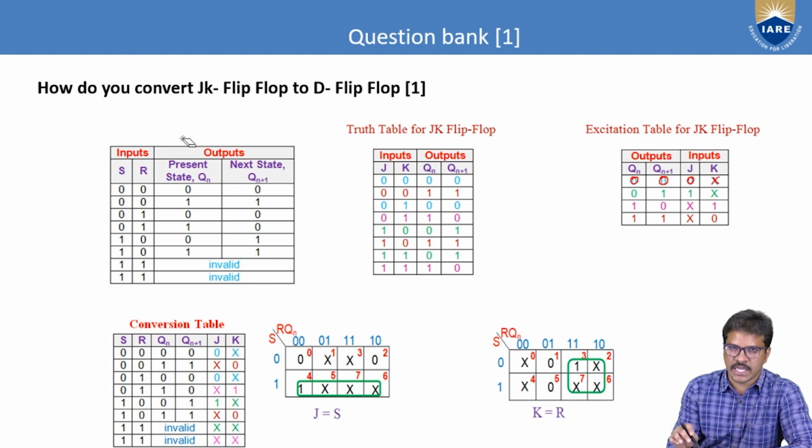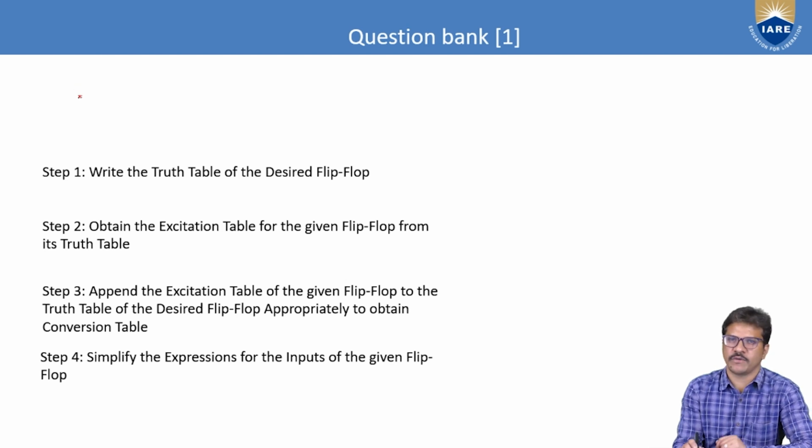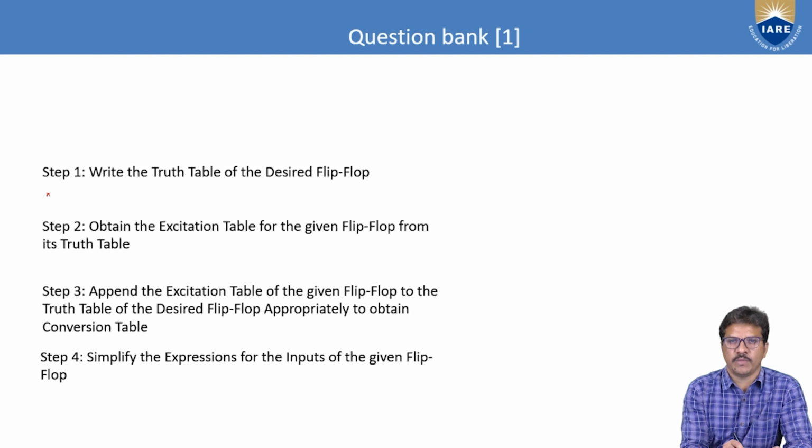You have to follow the same steps. What are those steps? Let us take the steps involved in converting any flip-flop to any flip-flop. So the first step is to write the truth table of the desired flip-flop.